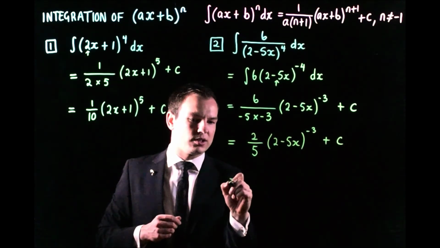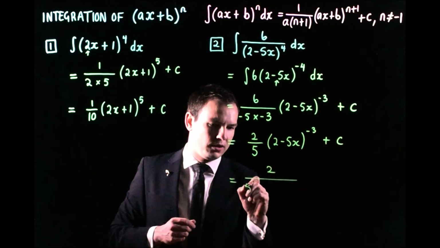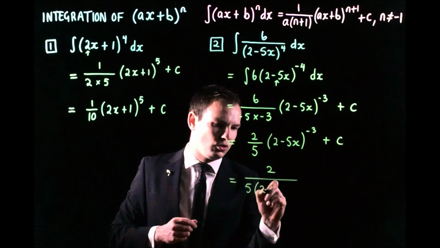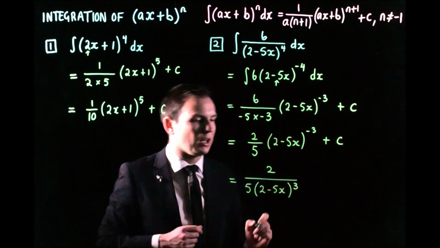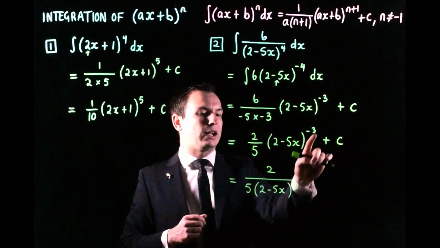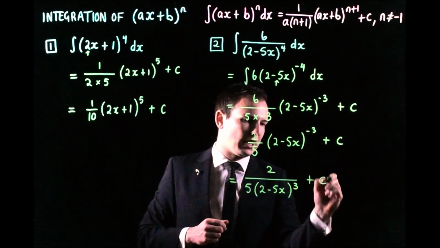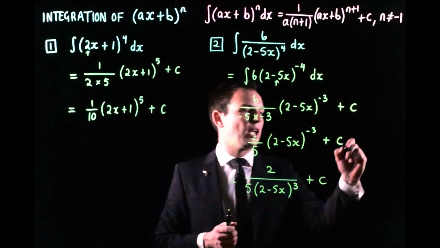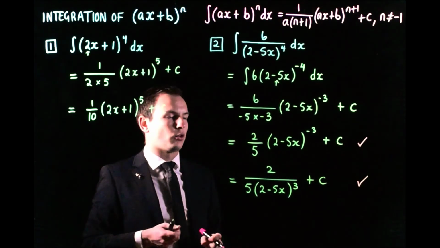But you may also see that expressed as 2 divided by 5 multiplying (2 minus 5x) to the power of just +3 now that it's in the denominator again. So we can move that power of -3 down here and make the power positive, and then don't forget that plus c. So either of that answer or that answer would be considered correct.